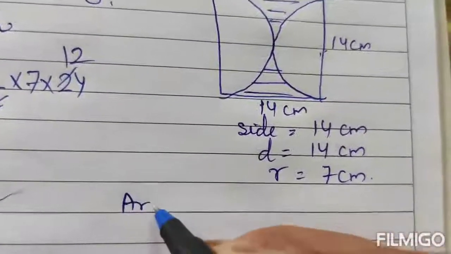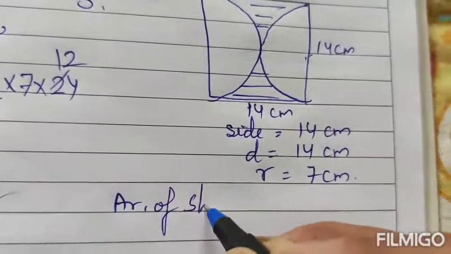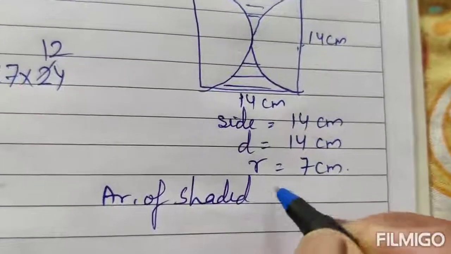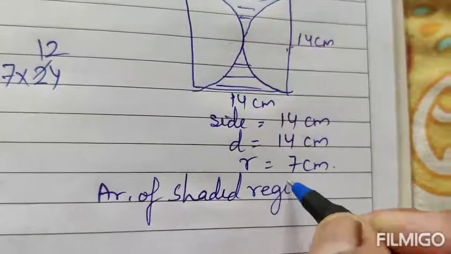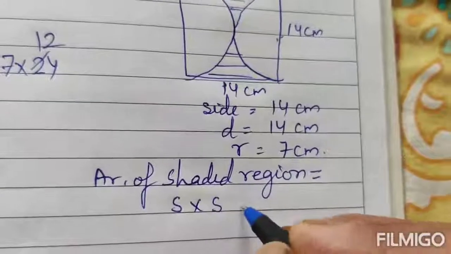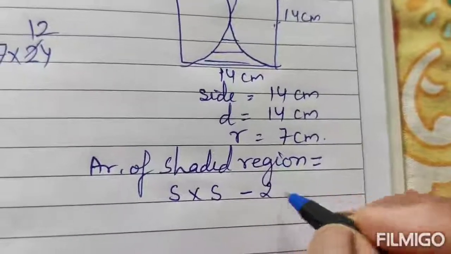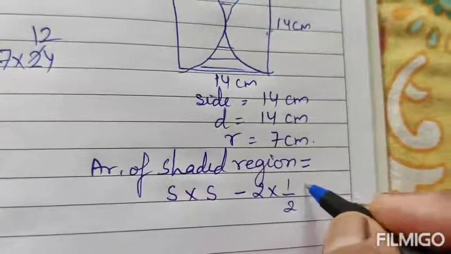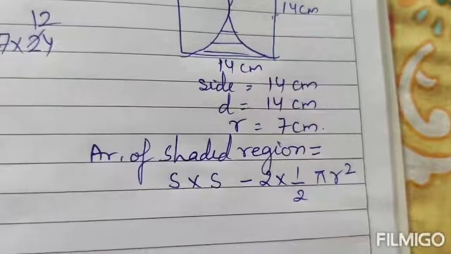Area of the shaded region equals area of square, side into side, minus 2 semicircles, 2 into 1 by 2 pi r square.